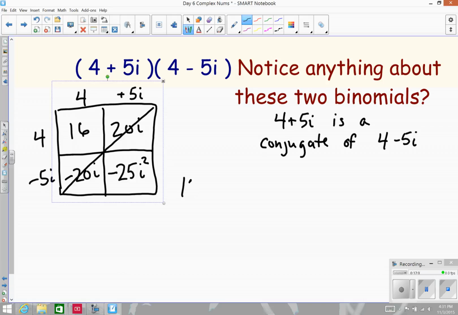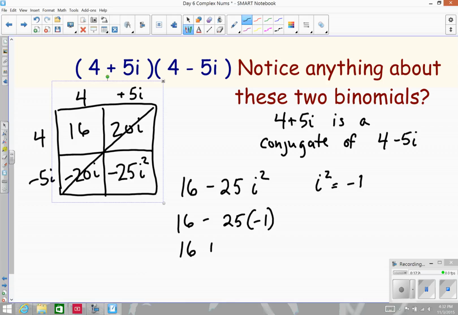My terms that are left, 16 and a minus 25i squared. But again, remember, i squared is equal to negative 1. So I want to take my 25 and multiply it by negative 1, which will be, in effect, taking 16 and adding it to 25, which gives me a final answer of 41, if I've added that correctly. So final answer on that one, 41.